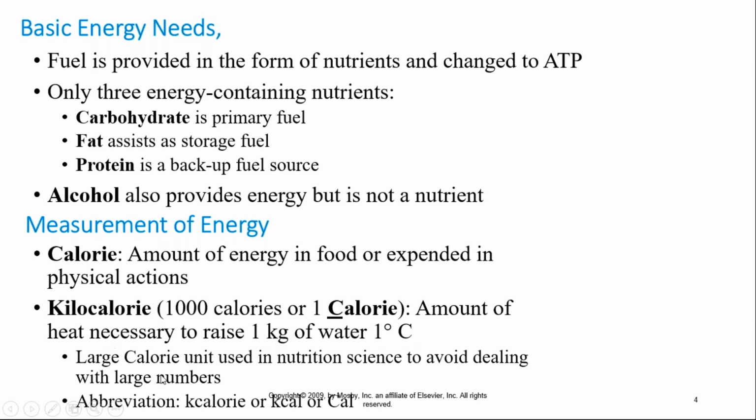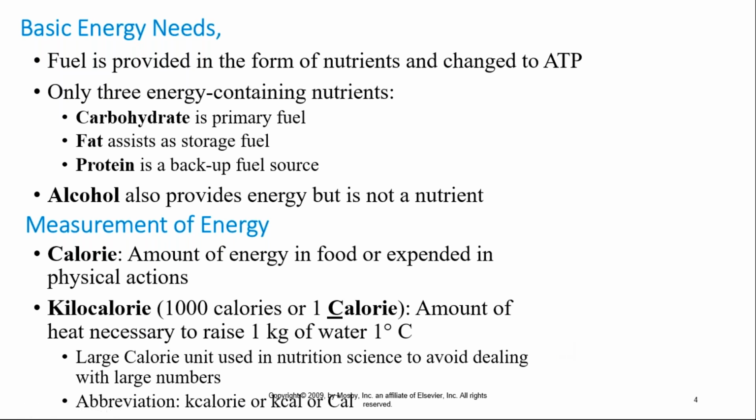The large calorie unit is used in nutrition science to avoid dealing with large numbers, unlike in thermodynamics where we use the small calorie. So the abbreviation is kilocalorie, kcal, or capital Cal.